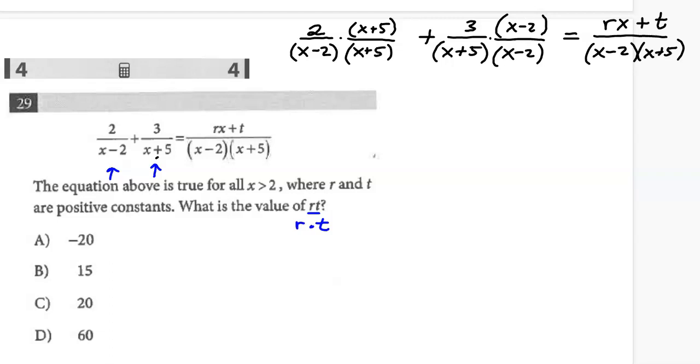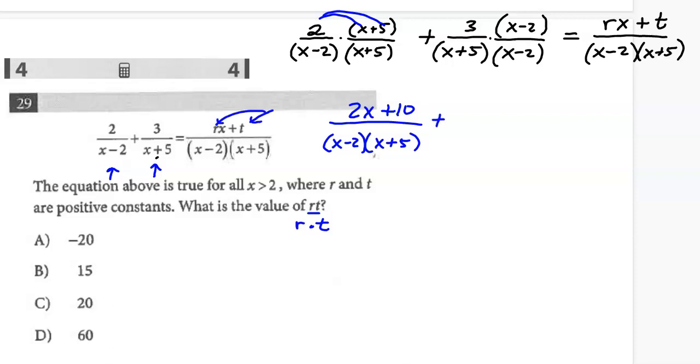So let's go through and clean this up. On the top, when I multiply this out, I get 2x plus 10 over x minus 2 times x plus 5. There's no need to multiply that out because all we're interested in are these top values.